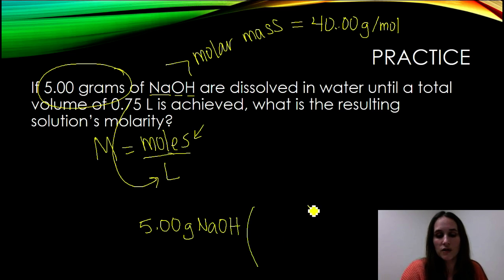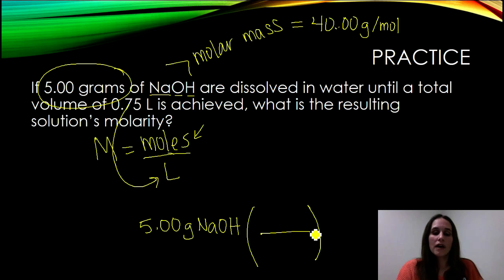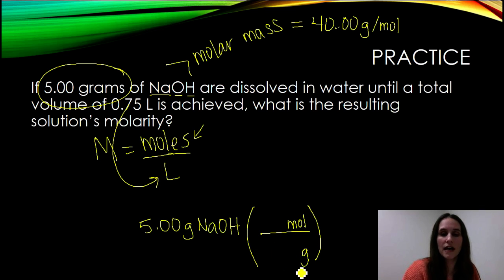So the way to do that, I would do it through the concept of dimensional analysis. Maybe you have memorized to go from mass to moles. You need to do this with the molar mass, and whatever gets you the right answer is cool with me. But if I set this up, I see that I need grams on the bottom and moles on the top, because I always want the unit on the bottom to cancel out my measurement and the unit on the top to be the one that I'm headed towards.